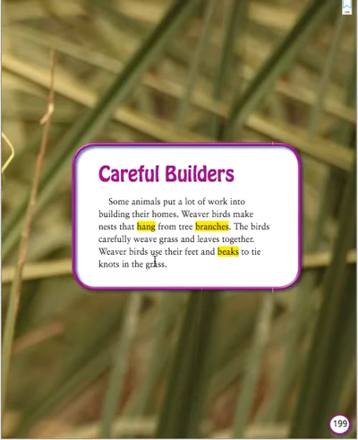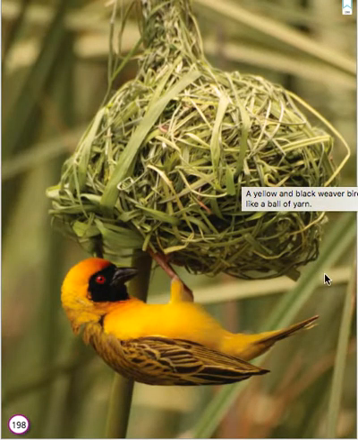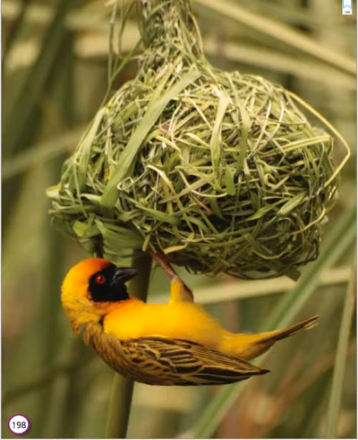Weaver birds use their feet and beaks to tie knots in the grass. So I'm going to flip back to that photograph. That is a weaver bird, and it's using its feet and its beak, and it's tying knots in the grass. Wow. I would say that that bird is very carefully building its home.